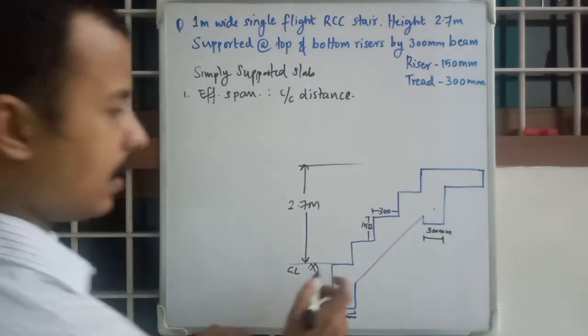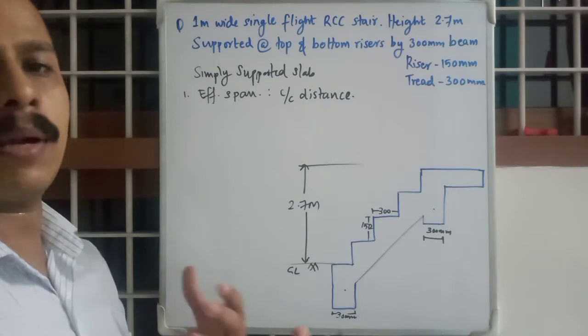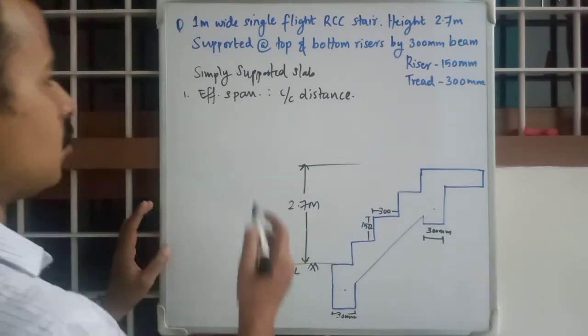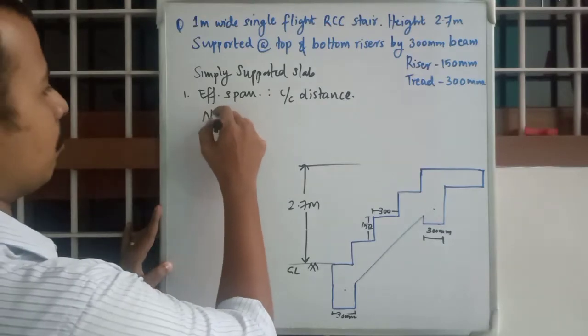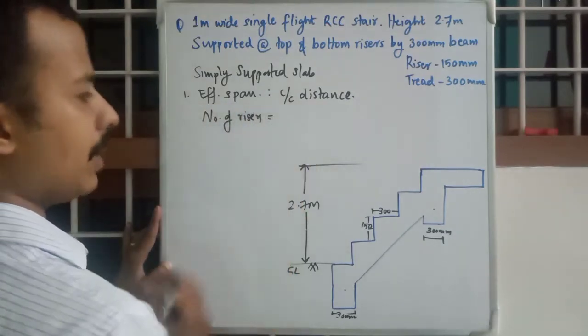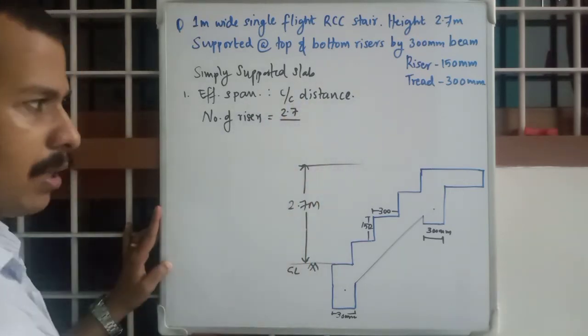So the number of risers you can simply calculate by dividing this 2.7 meter, which is just simple logic.